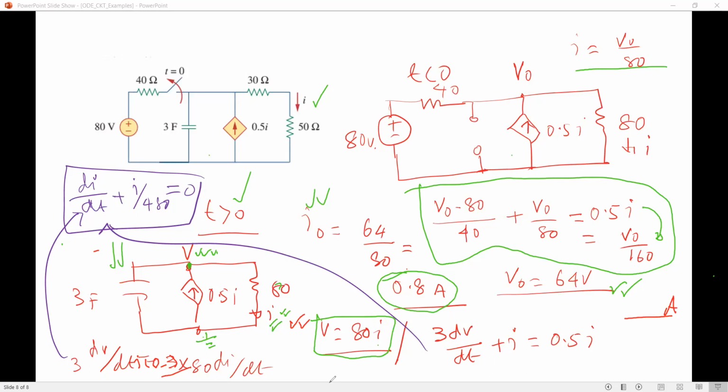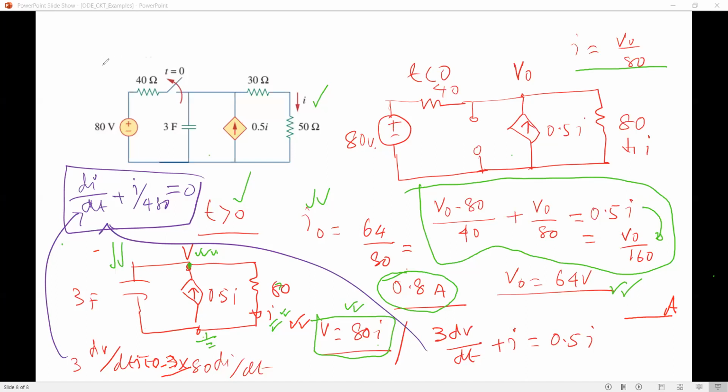Okay. Then can we write our equation now? Again, you write your Kirchhoff's current law in this node. Then your current leaving this node equal to what? It is the current flowing through your capacitor. Your capacitor is 3 F. Is it not equal to 3 dV by dt?